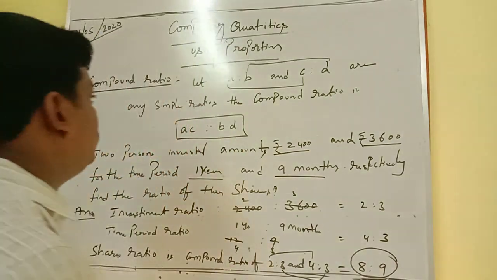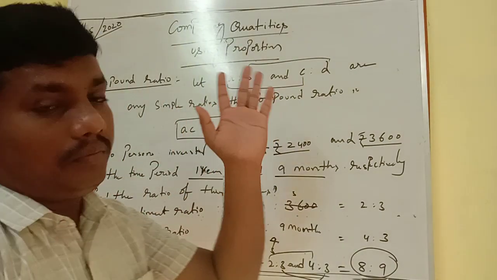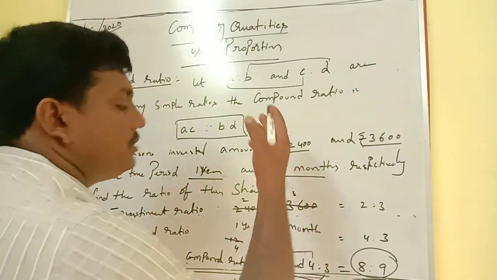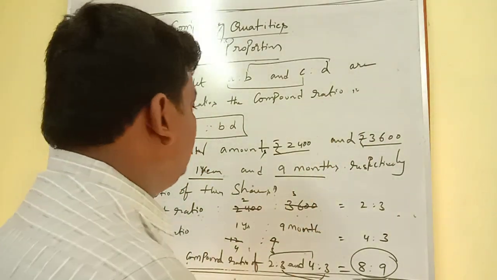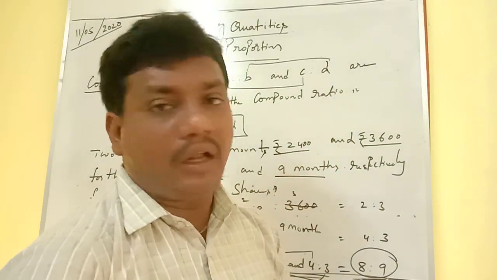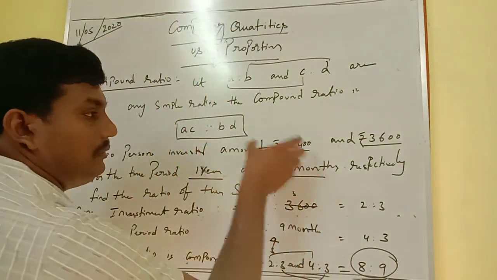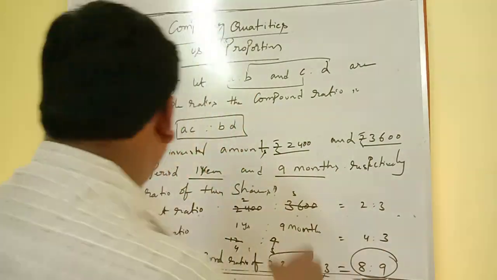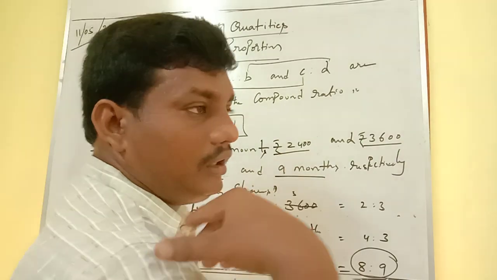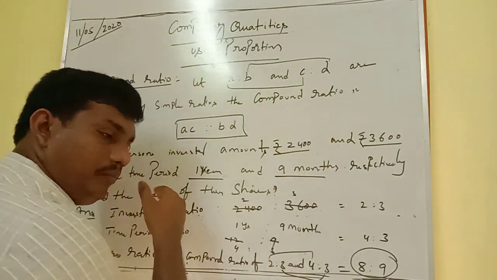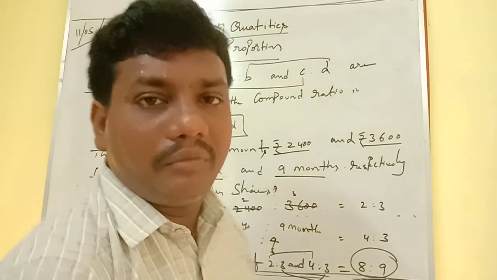Now we have to understand what the compound ratio is. This is a real-time situation, and in many situations like this happen. Some persons start their business, and one person invests some amount and another person invests another amount. Then, for family reasons or whatever the reason, the first person or the second person will drop out in the middle.